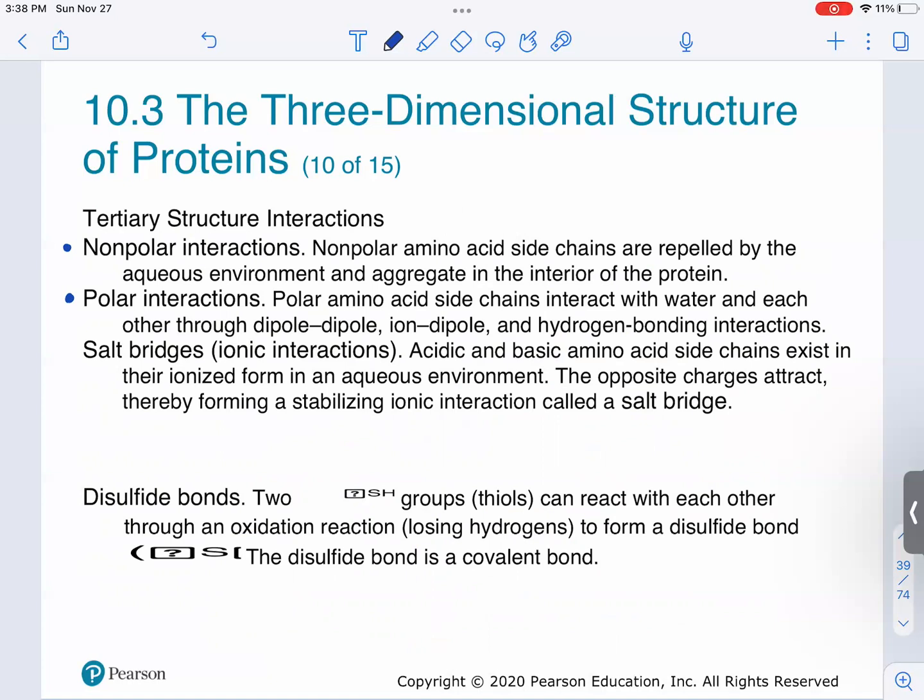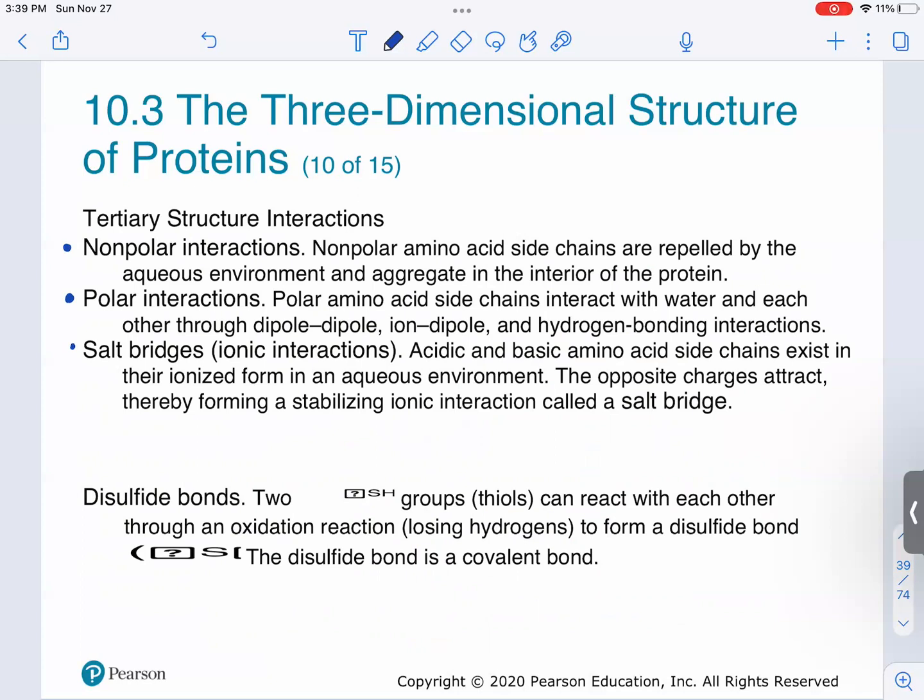And then you're going to have something called a salt bridge. You probably saw that in the previous slide. That's whenever you have the acidic and basic amino acid side chains that are going to be in ionized form in an aqueous environment, depending on that environment. Those opposite charges attract, and you're going to have a really stable ionic interaction, and that's the salt bridge.